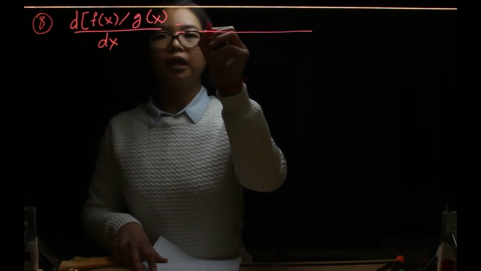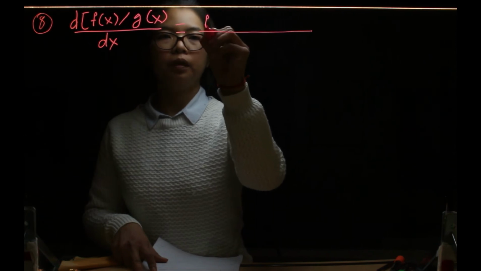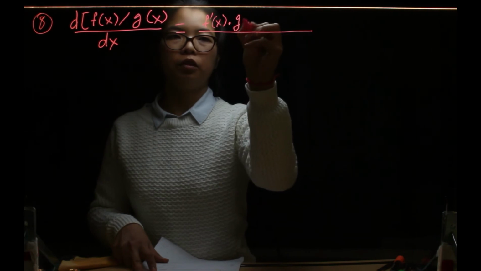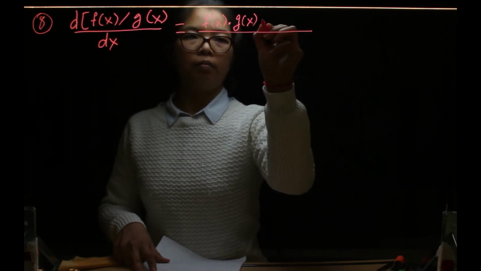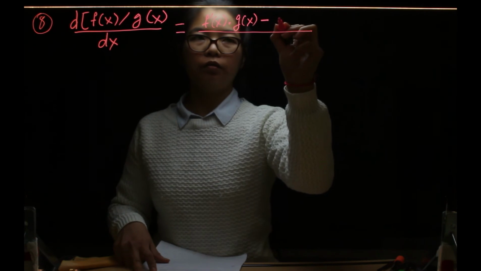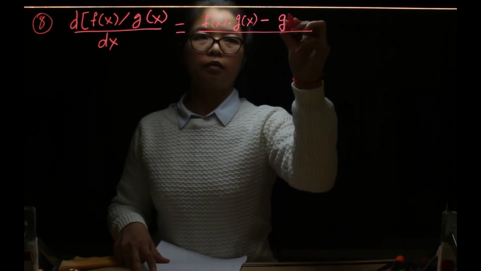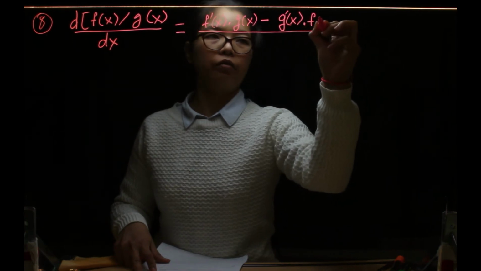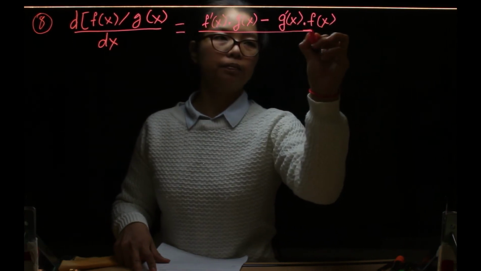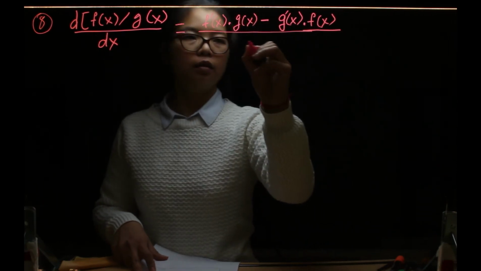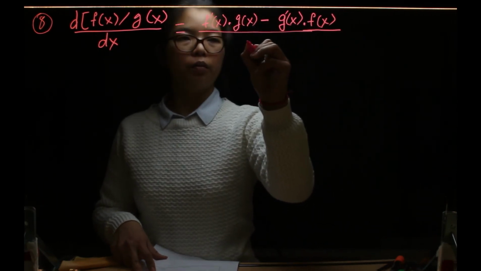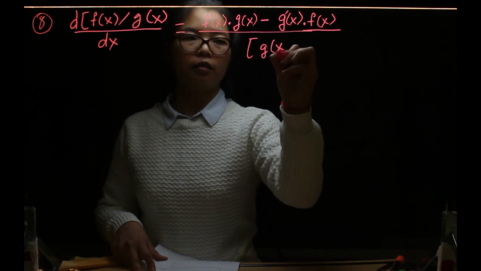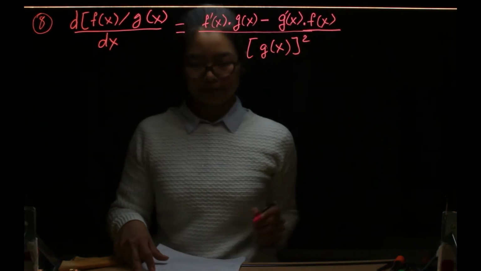On the numerator, it will be the derivative of f times g(x), minus the derivative of g(x) times f(x). All right? And then in the denominator, that will be g(x) squared.